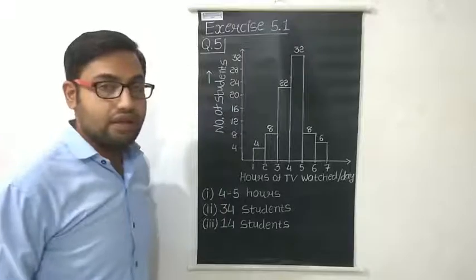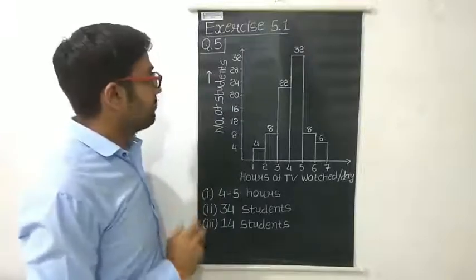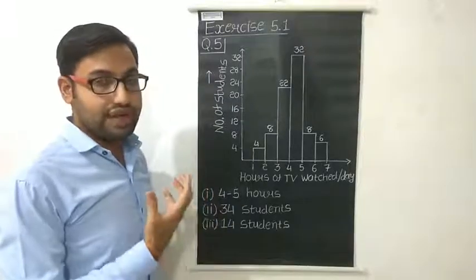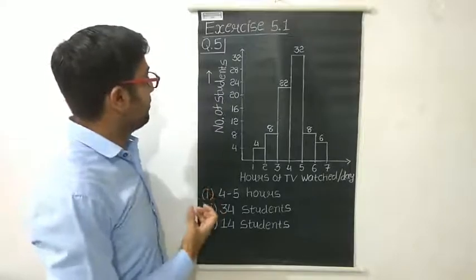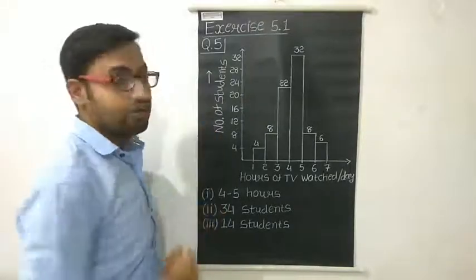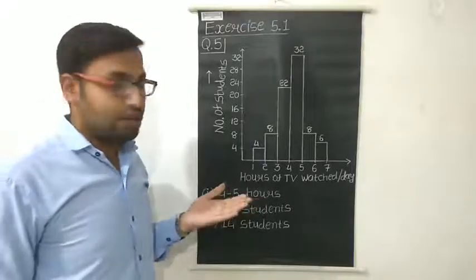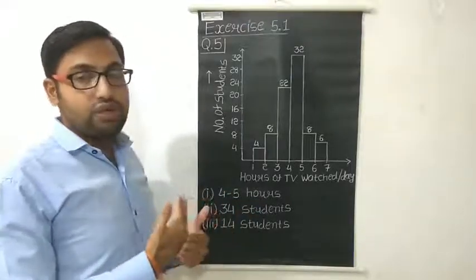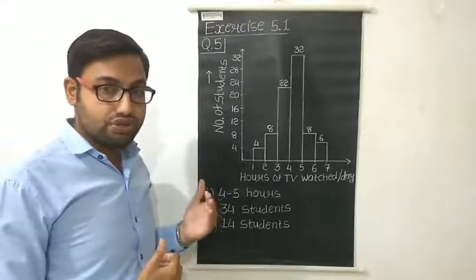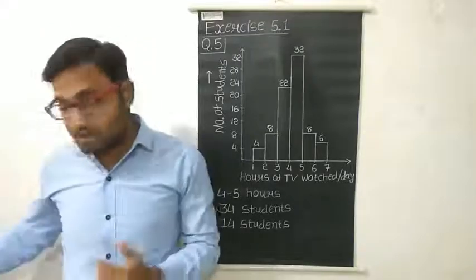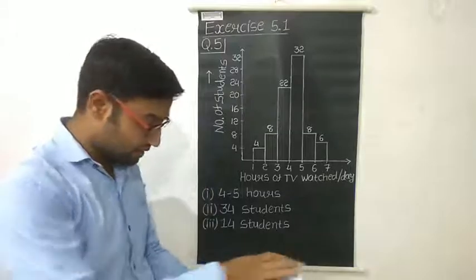Okay, let us understand this histogram using one example. This is a sum from exercise 5.1, question number 5. Here we are given a histogram and from that we have to answer some questions. First of all, let us understand.